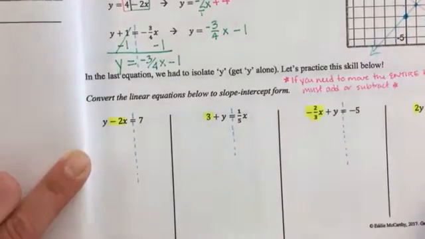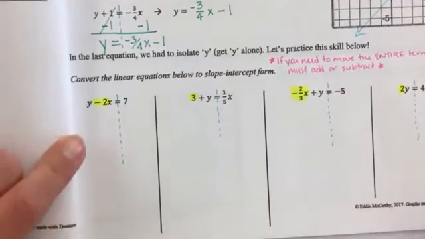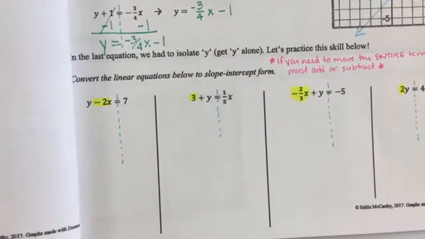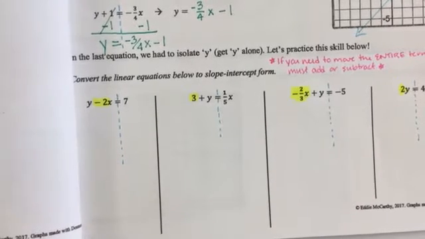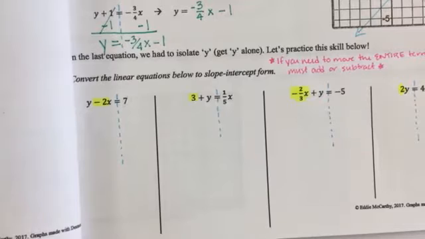Sometimes those little notes are helpful to us. If you need to move the entire term, you must add or subtract. And basically a term is anything between, you know, like an addition symbol or subtraction symbol, that type of thing.